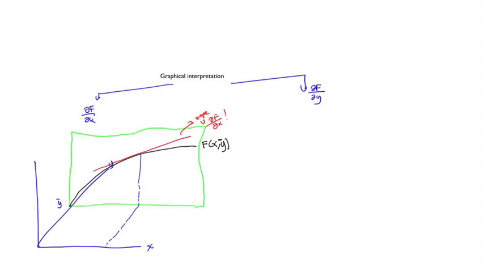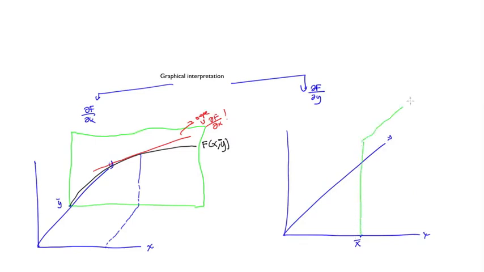Now let's do a similar thing, but for the partial derivative of f with respect to y. Again, we can draw the axes, x and y. But now we're going to want to hold x constant, let's say at x bar. Now let me draw the plane that goes through there.